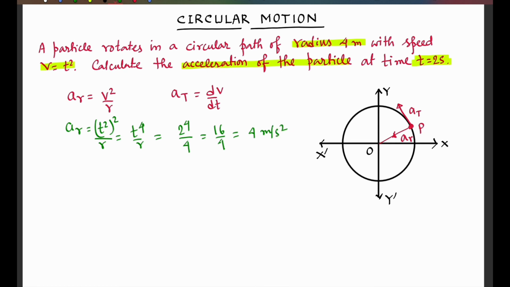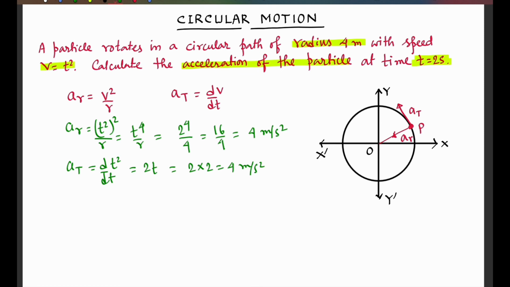So the radial component of acceleration of the particle is here 4 meter per second square. The tangential component, this is a_t, this is d/dt of t square, so this is equal to 2t. Now at t equal to 2 seconds, the tangential acceleration is 2 into 2, this is 4 meter per second square.